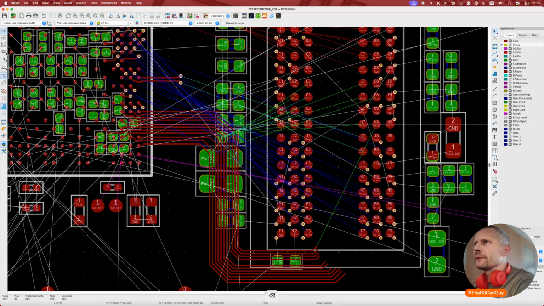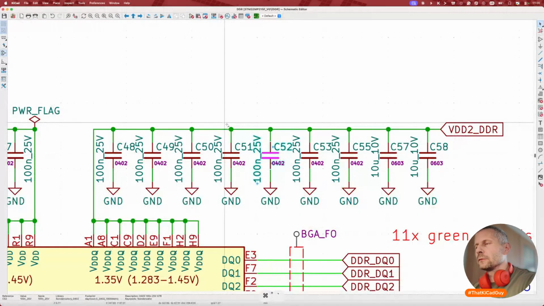This didn't help because I can't see the connections.